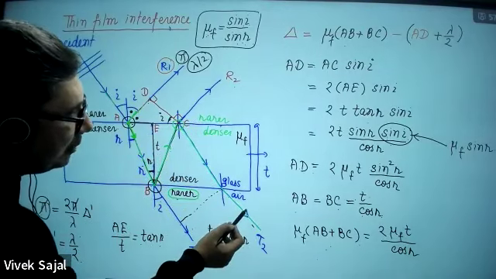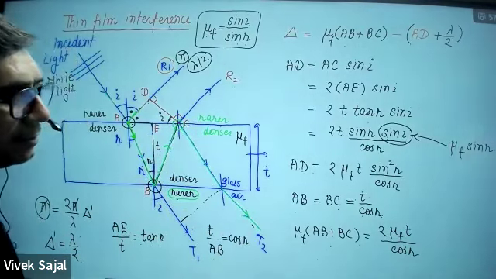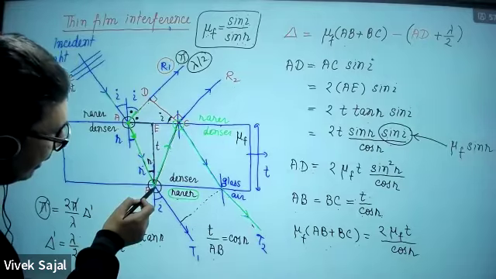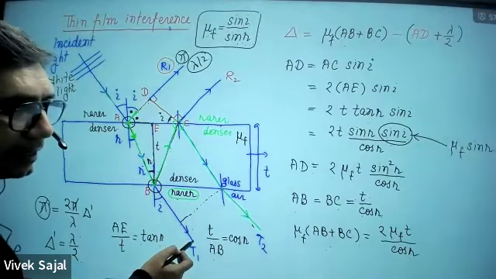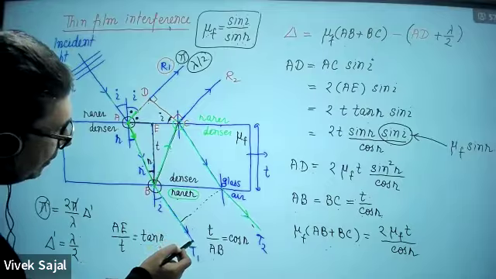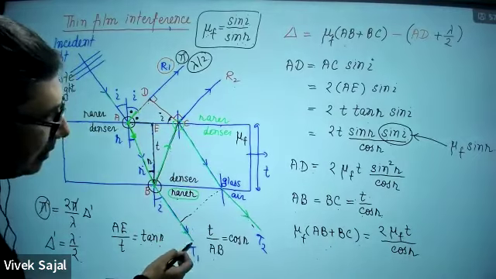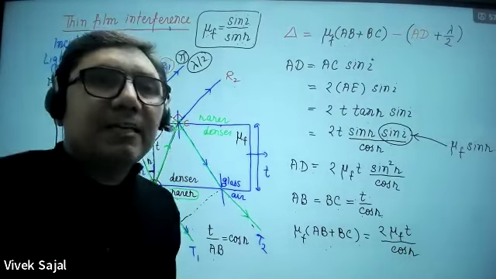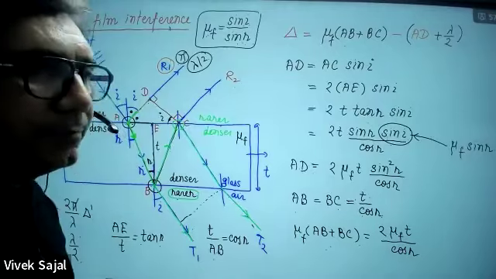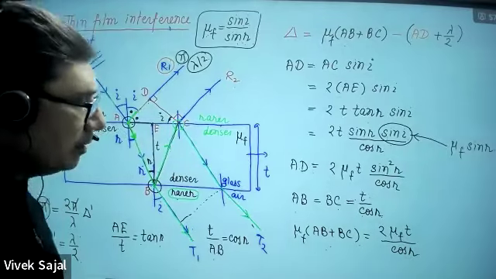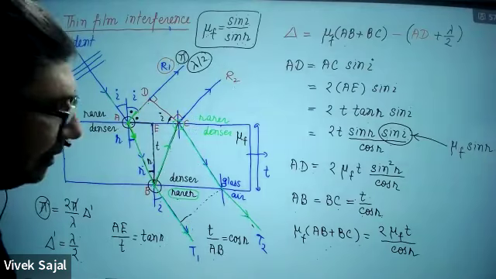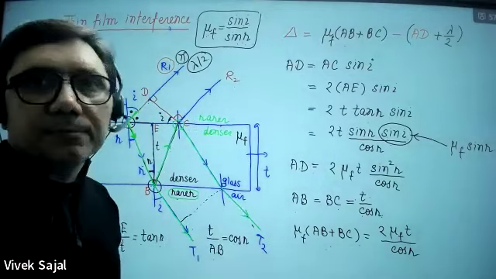So this T2 does not have any extra phase. A part of this light is entering directly into the second medium as a result of refraction. So no extra phase here. So in the transmitted light, no extra phase of pi is there. You can observe that no extra phase of pi is present in T1 or T2.